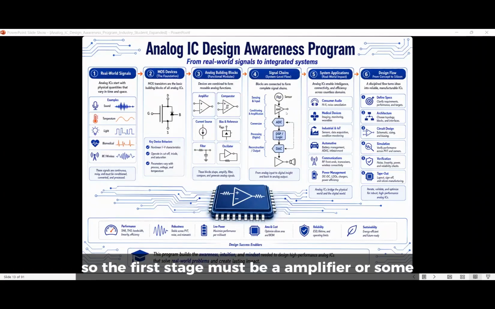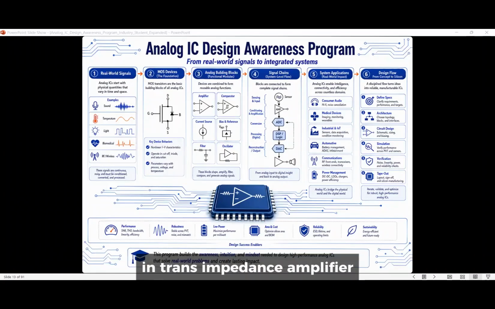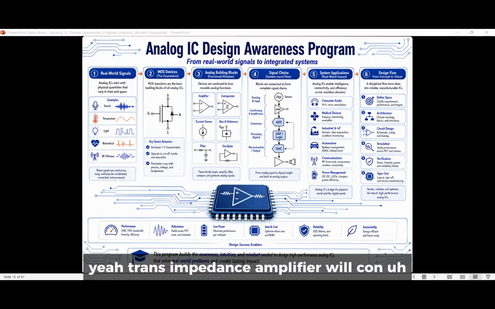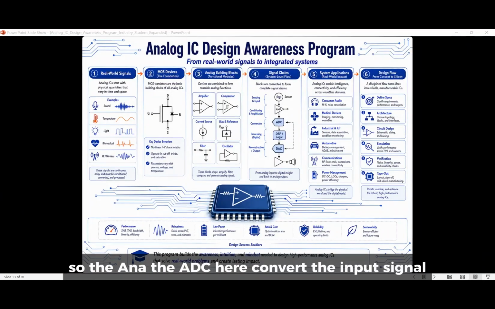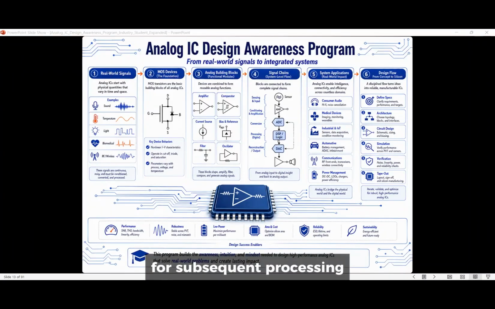So the first stage must be an amplifier or a TIA, right? The transimpedance amplifier will convert the current into voltage, and then the voltage can be processed by an analog-to-digital converter. So the ADC here converts the input signal, which is large enough, to a digital code, right? This digital code can feed to the DSP logic for subsequent processing.